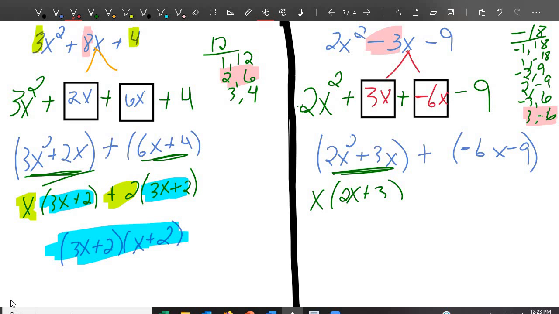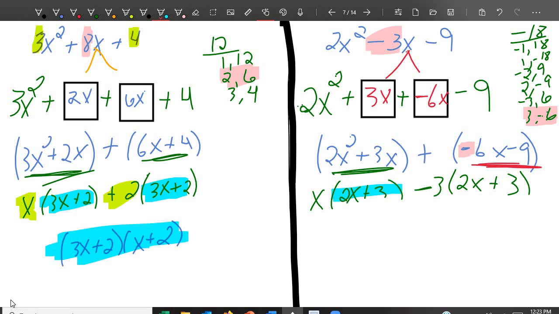This one though, notice the first term is negative. When the first term is negative, your GCF will be negative. Both of those numbers are divisible by 3, so it's going to be a negative 3. And when we divide by negative 3, we're left with 2x plus 3.